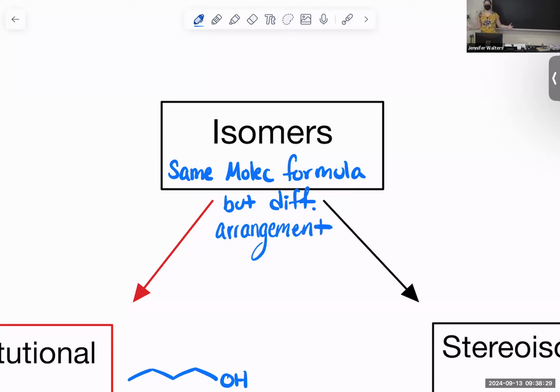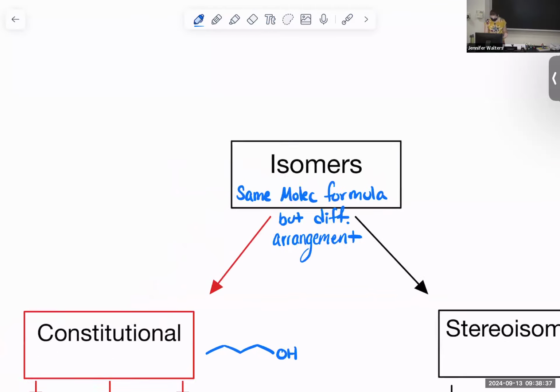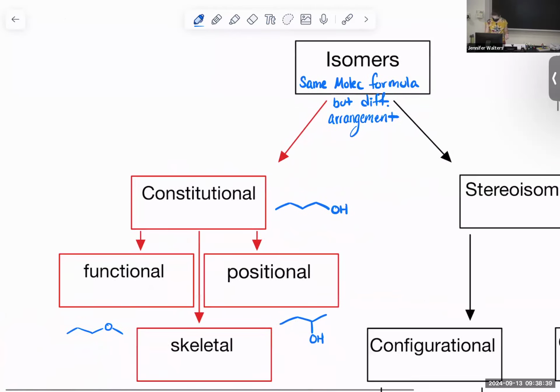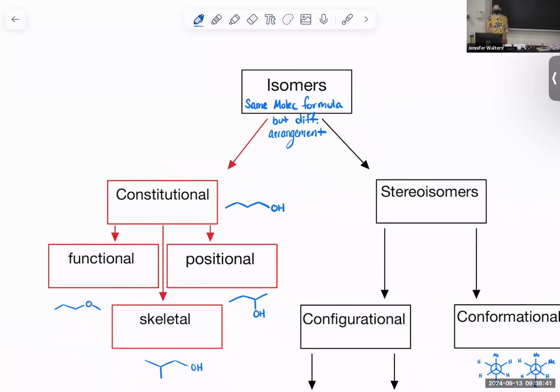That makes you an isomer. You have the same molecular formula, the same number and type of elements, but we're going to have a different arrangement. The constitutional isomers are going to be the ones that have different connectivity.